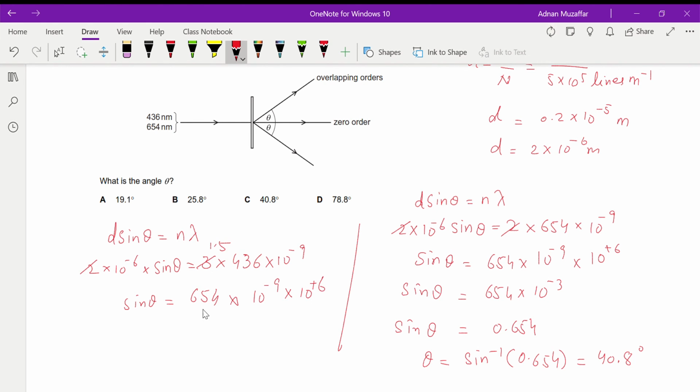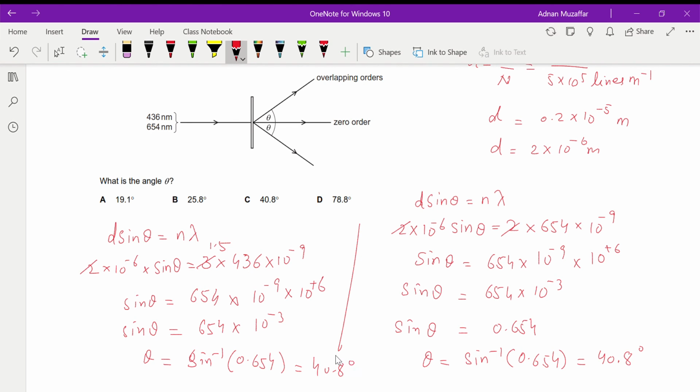So again you will get 654 times 10 to the power minus 3, and in this way you will find the same angle. Sine inverse of 0.654, which will give you the same angle, which is 40.8 degrees.